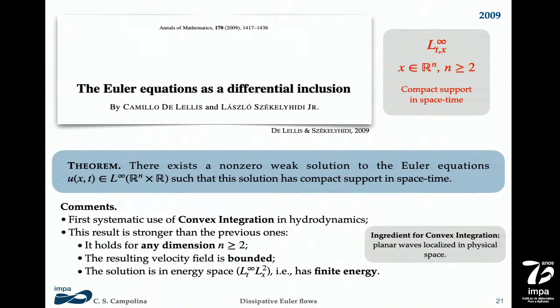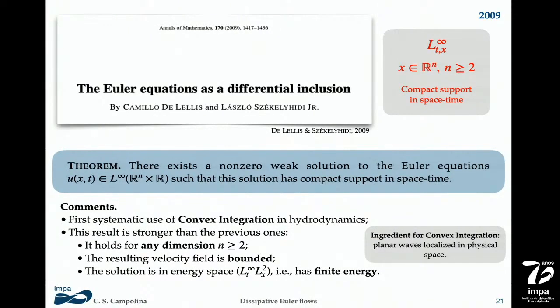Okay, so it's somehow very close to what we saw in the first papers, with some advantages. It holds for any dimension n greater or equal than 2. The resulting velocity field now is bounded, which is interesting because it's in L infinity, which is way more physical than the L2 condition.